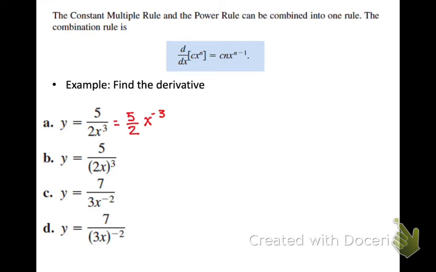So then y prime would be what? Negative 15 halves x to the negative fourth. So negative 15 over 2x to the fourth. Correct? Yeah. But what's B? It'd be 5 what?